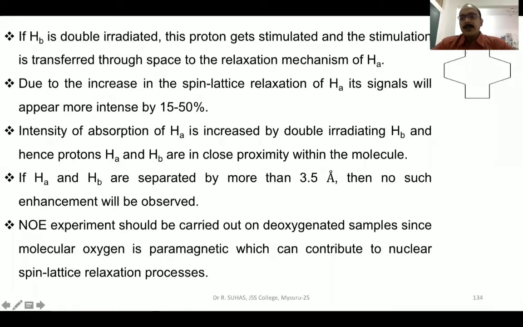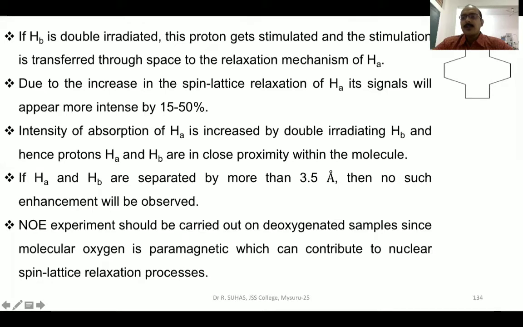Here there are two types of protons, HA and HB. I want to see whether these two protons are staying nearby each other or not. For that, I will keep HA constant and double irradiate HB. When I double irradiate HB, I am giving more radio frequency energy.